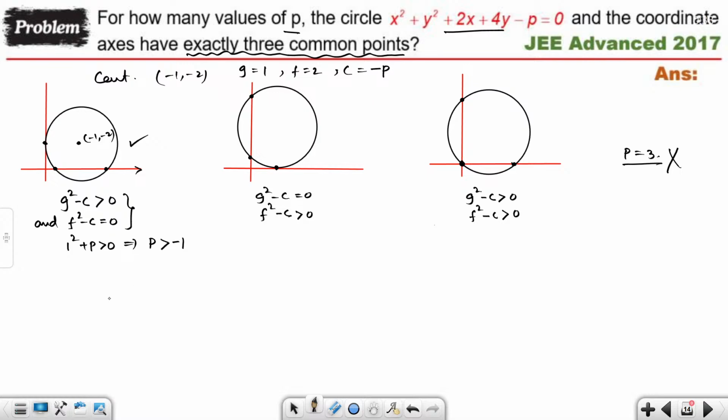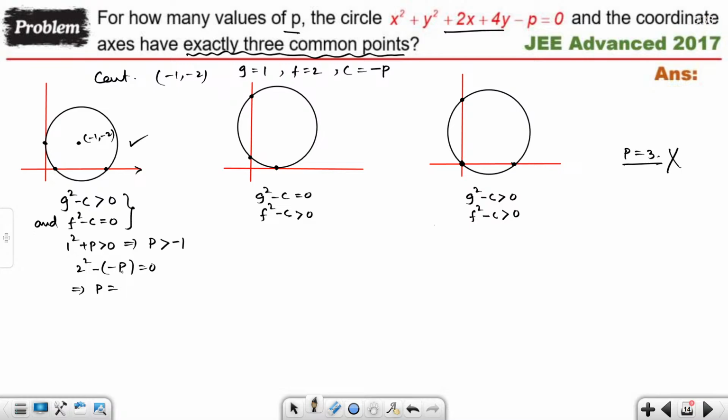That implies P is greater than minus 1. And F square minus C equals 0. It means 2 square minus of minus P equals 0. That implies P equals minus 4. Yes or no?